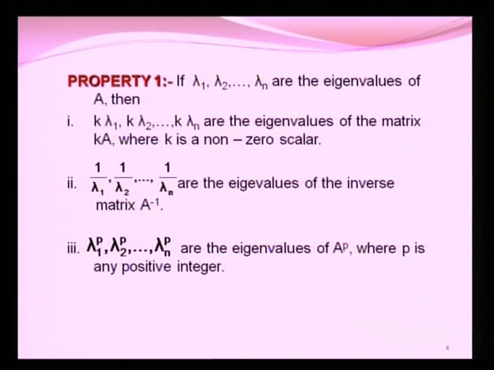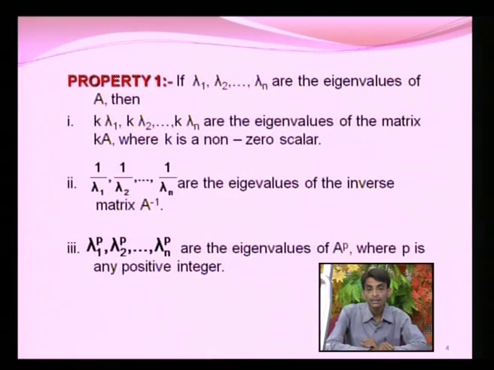So if you are given the matrix A and asked to find the eigenvalues of A cube, for example, then p is equal to 3. You don't need to find A cube, you just need to find the eigenvalues of A, and then taking lambda 1 cube, lambda 2 cube, lambda 3 cube, you will find the eigenvalues of A cube, where p is any positive integer.